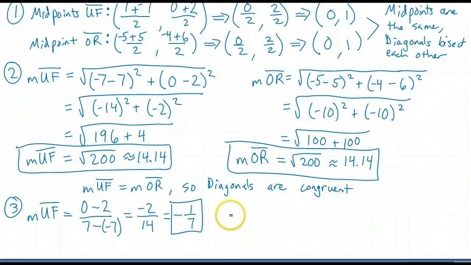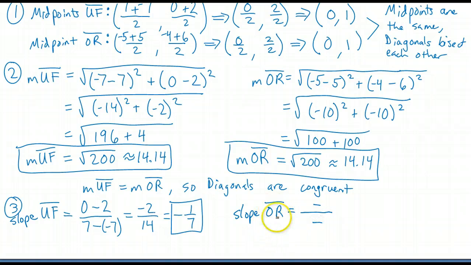Now I need to find the slope. I should have written slope here. I need to find the slope of OR. The slope formula is y2 minus y1 over x2 minus x1.